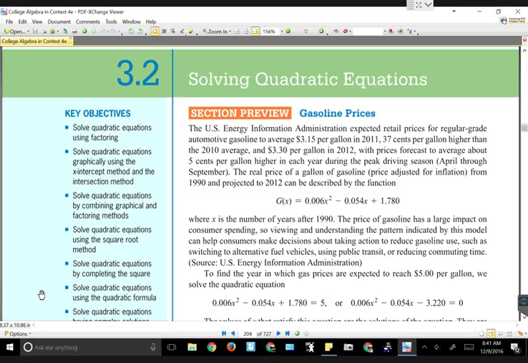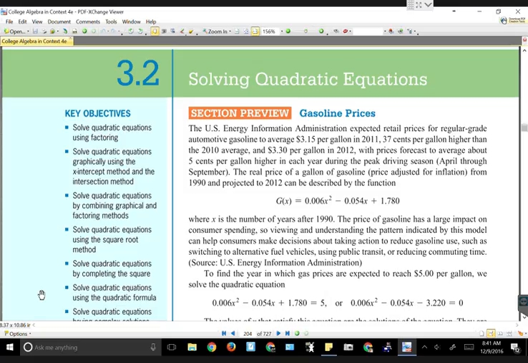Now, when you're going through and reading that, there's a lot of stuff there. It's confusing. Well, what do they mean? What are they talking about? Simplify. Okay? Just telling you that they expect gas prices to go up tells you what the prices are, and they give us a formula.